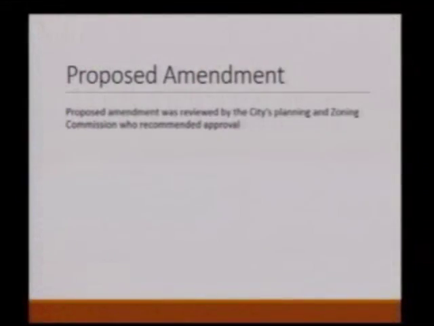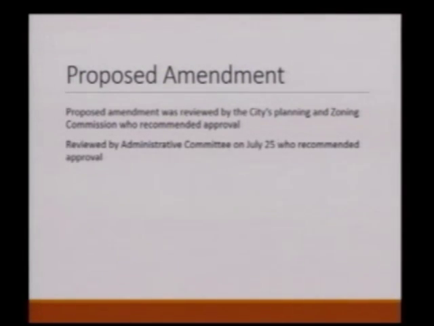The proposed amendment was reviewed by the Planning and Zoning Commission, who recommended approval. It is a very minor amendment to the existing 2006 agreement that replaces the non-conforming sections as adopted in the city code with the county's to apply within the area of city impact. This was also reviewed by the Administrative Committee on July 25th, who recommended approval to the City Council at that point in time. So with that, I would be happy to try to answer any questions you may have.